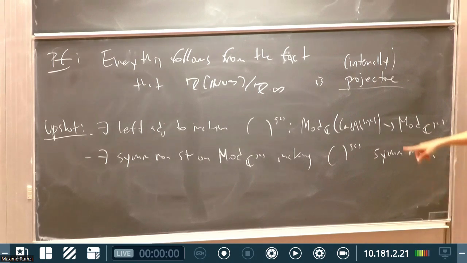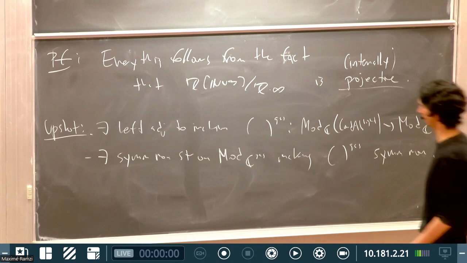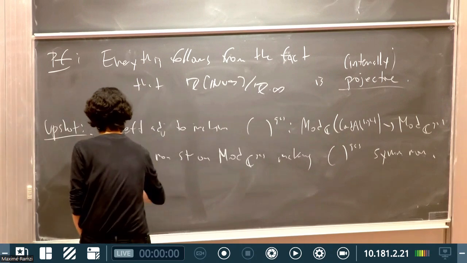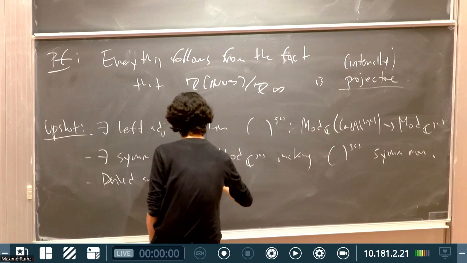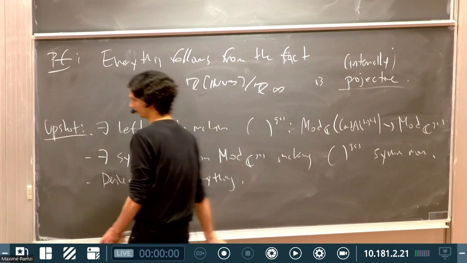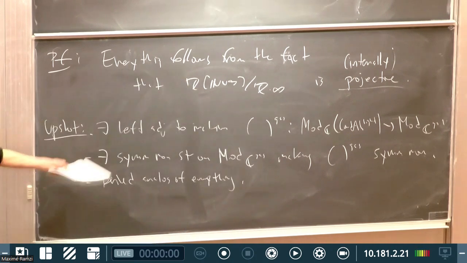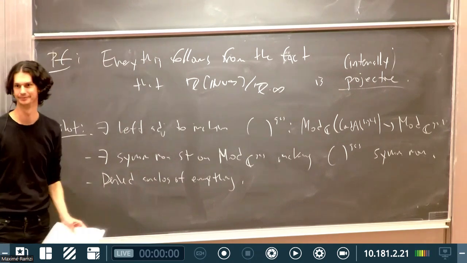So if you want to do the gaseous tensor product, you first do the condensed tensor product, and then you make it gaseous via this left adjoint. And then again, there's the derived analog of everything. And the derived analog is the derived category of that abelian category.